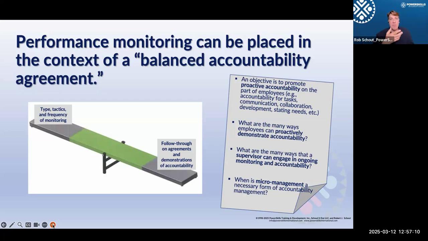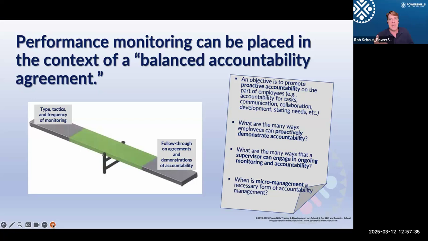Maybe customers are holding employees accountable. Maybe some other departments are doing it. But always balance the type and tactics and the frequency of monitoring with the agreements and the demonstrations of proof of deliverables, or proof of behavior, or proof of feedback and application of what you're teaching them.